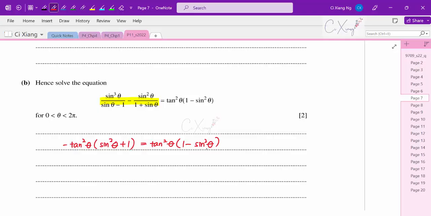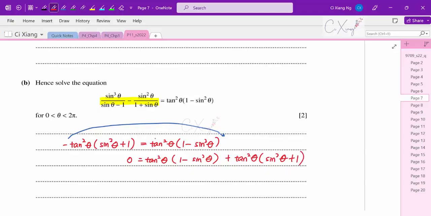Next we are going to simplify all this. For this whole term here, I will bring it over and the negative will become a plus. If I rewrite my whole equation again, negative becomes positive, so I have positive tangent square theta times sine square theta plus 1.